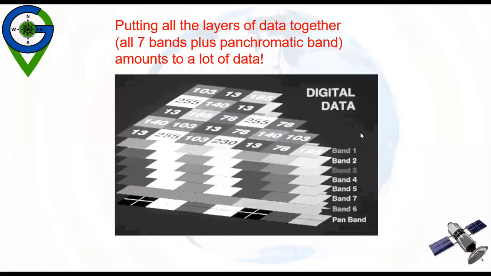Putting all layers of data together, all 7 bands plus the panchromatic band, the more bands we have, the more information we can get from a particular satellite image.